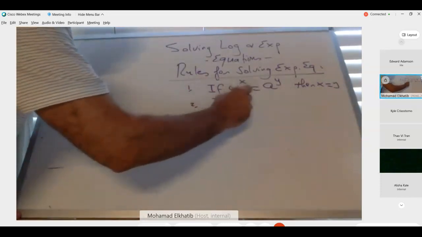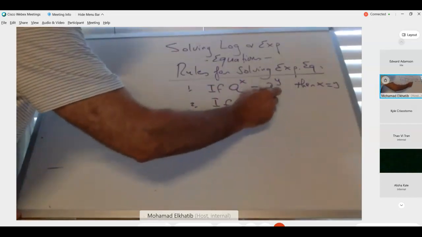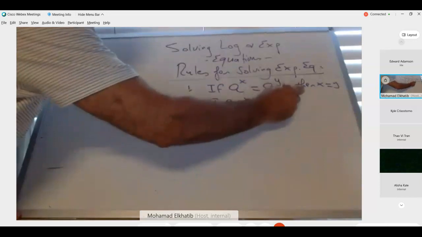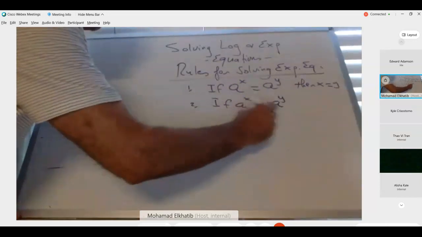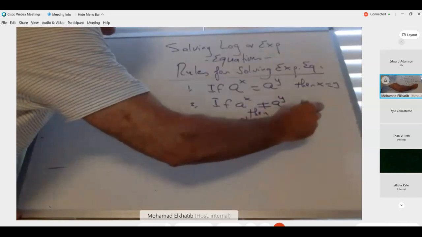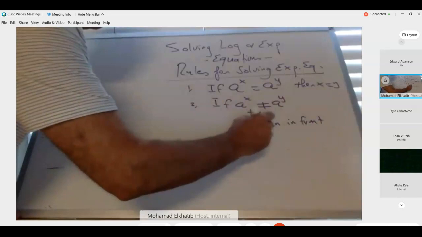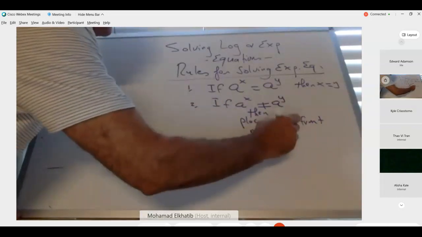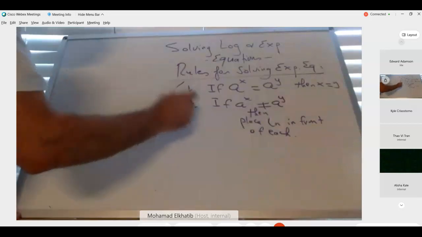If a to the power x cannot be made equal to a to the power y, then place ln in front of each. All right, I'll show you what that means in a minute, class.